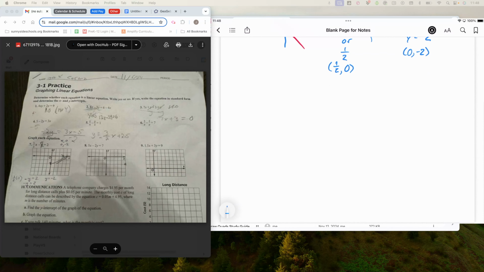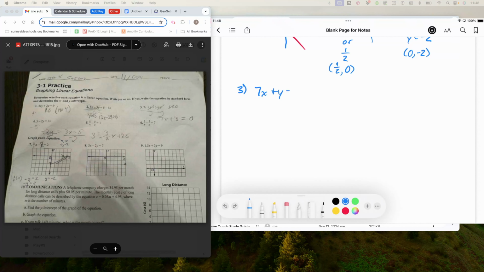Number 3. Again, he is correct. 7x plus y, so plus 3, is equal to y.